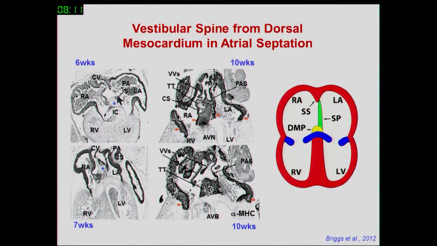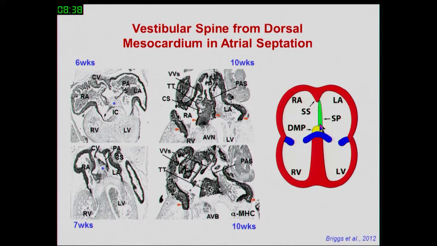The atrial septum is complete with the vestibular spine between the primary septum and endocardial cushion. Originally non-myocardial, the tissue of the spina vestibuli is infiltrated by myocardial cells colored in black in these pictures.